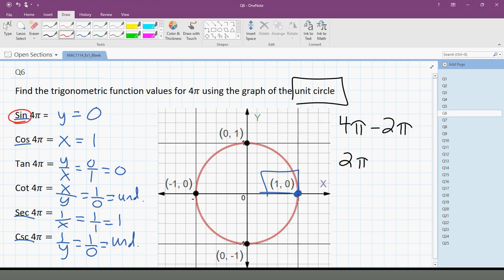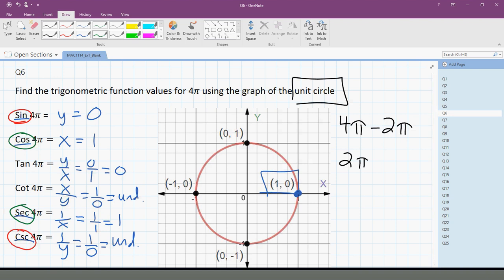Sine is actually going to match up with cosecant, and secant will match up with cosine. How I think about it is just like what you said, the opposite letters.